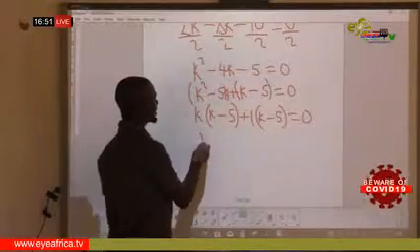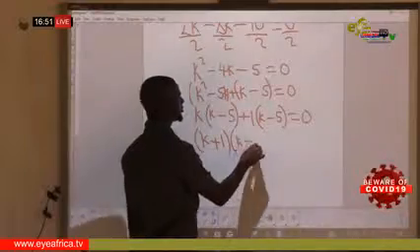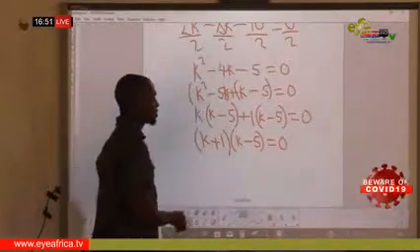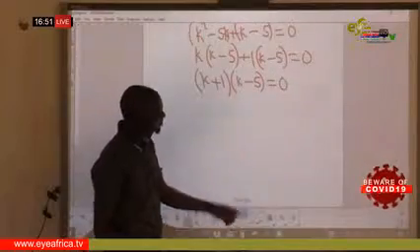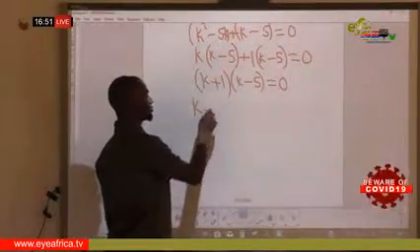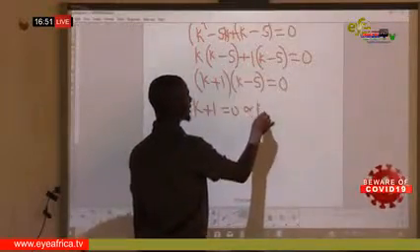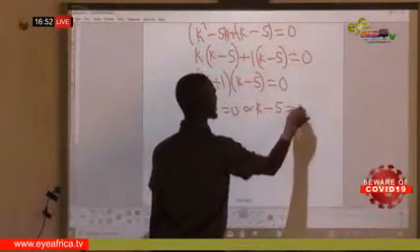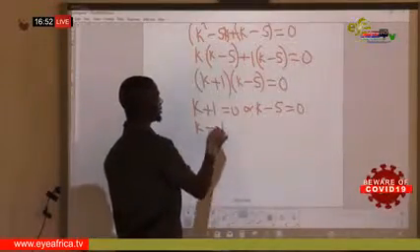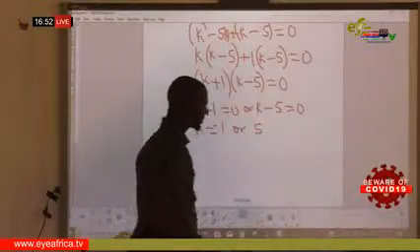The ones outside, that is k plus 1 and k minus 5 is equals to 0. So by the zero product property, either k plus 1 is equals to 0 or k minus 5 is equals to 0. K is equals to negative 1, or positive 5.